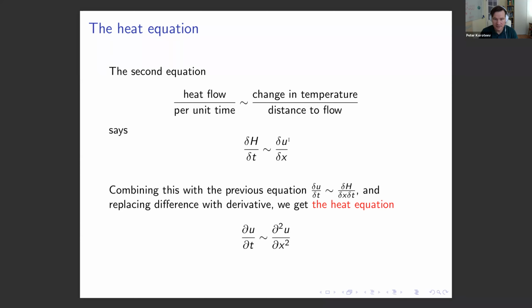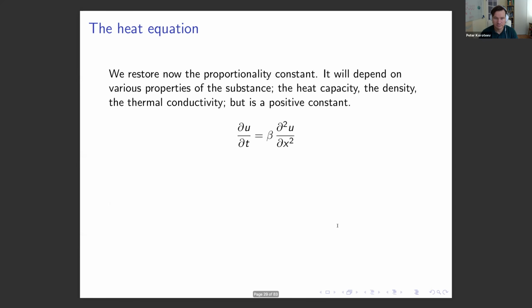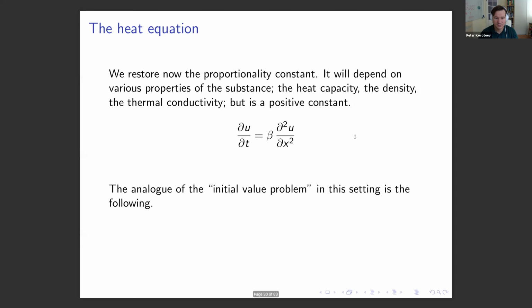You simply plug delta H over delta t into the right-hand side of the second equation, and that gives you the second derivative. So the first derivative in time is proportional to the second derivative with respect to the coordinate. This is the heat equation. We need to put in a proportionality constant, let's call it beta. This constant will depend on properties of the substance, heat capacity, density, thermal conductivity, but overall it's a positive constant.